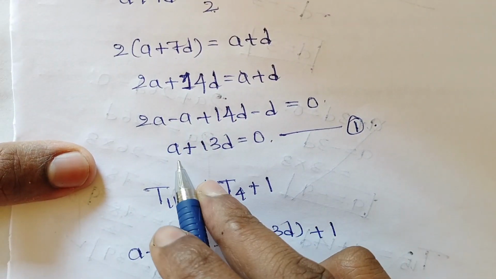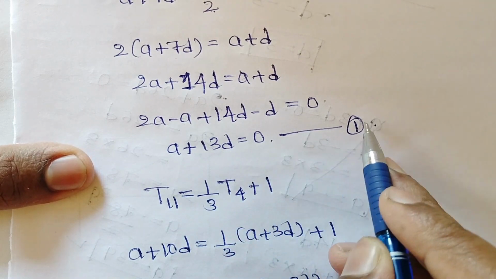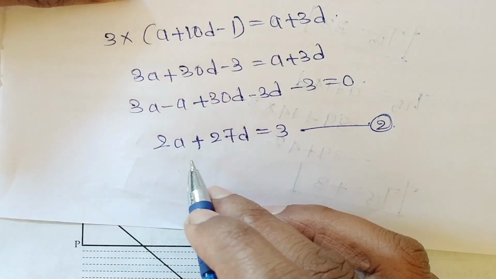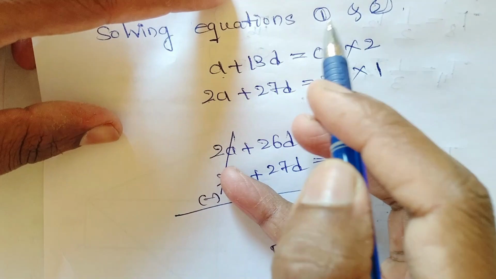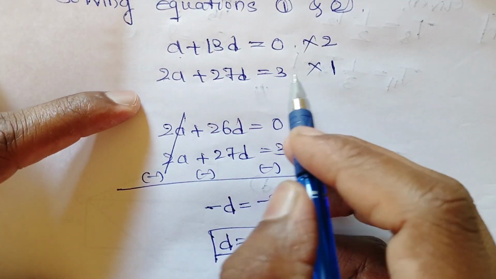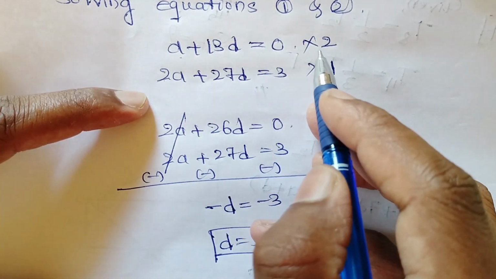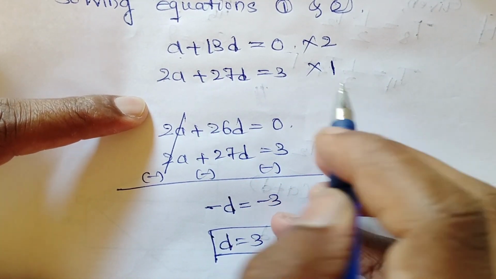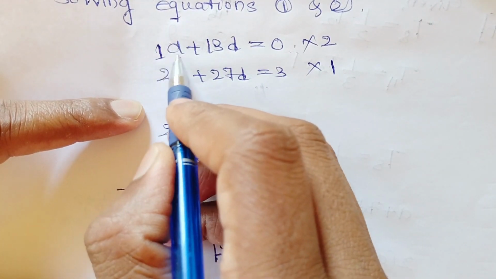We got two equations, a plus 13d equals 0 and 2a plus 27d equals 3. Solving equations 1 and 2, we multiplied the first equation by 2 and the second equation by 1, because here it is 1a by default.